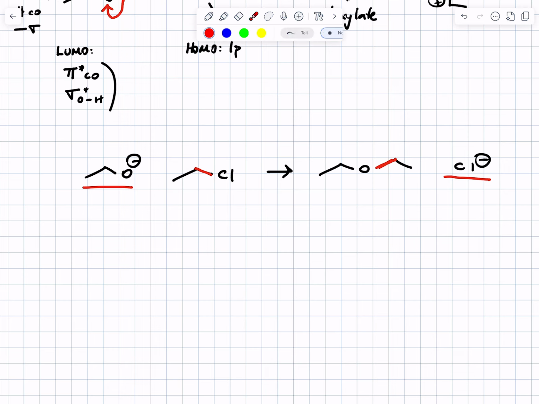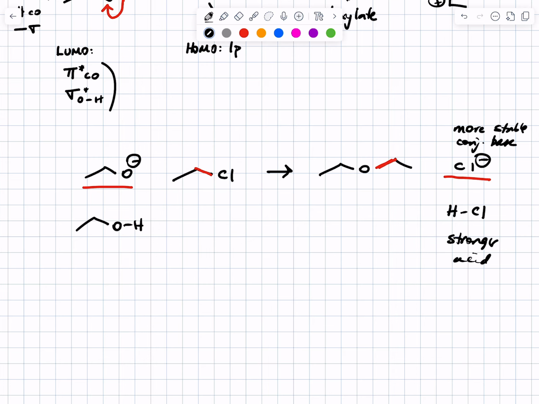We're going to use it to compare how stable is this group versus this one. And I'll tell you real quickly, we're going to do that by looking at the conjugate acids, HCl versus this alcohol. And we're going to conclude that HCl is the stronger acid, and therefore Cl minus is the more stable conjugate base.